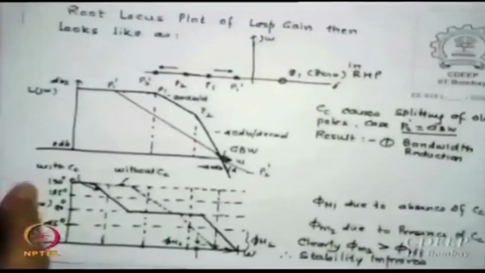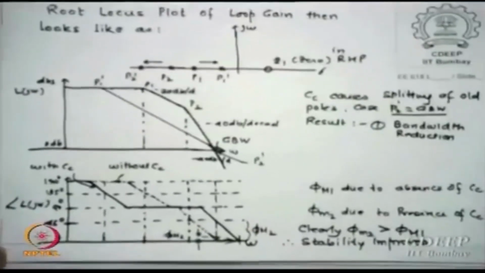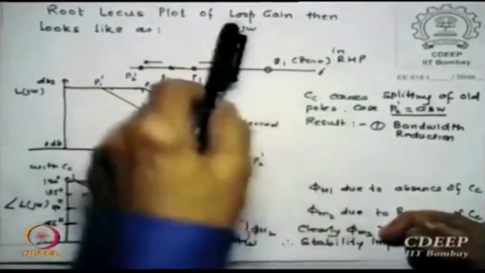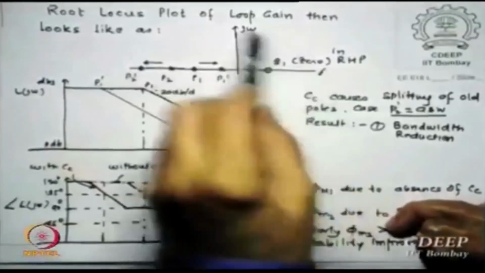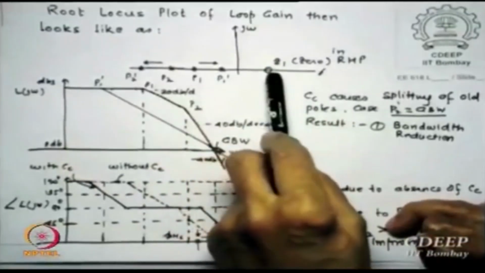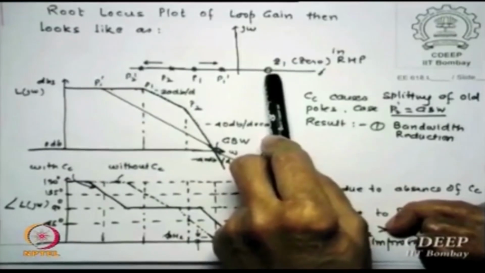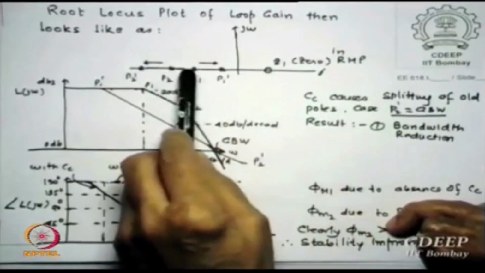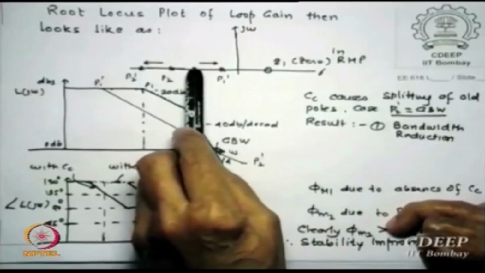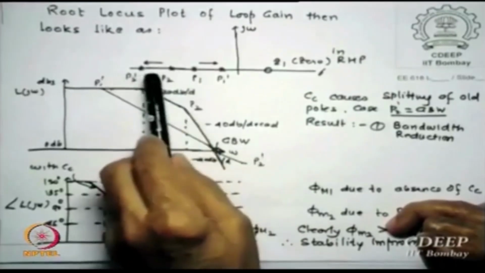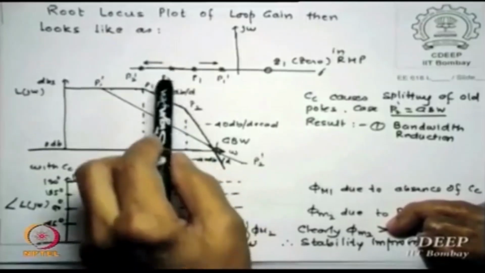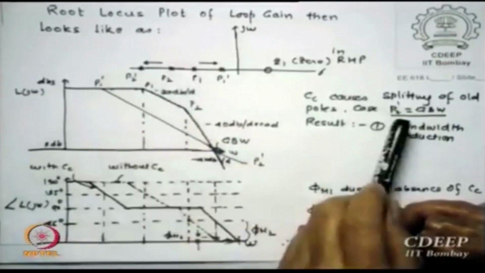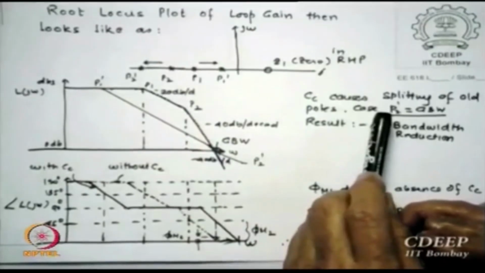So if I show you on the figures, this gives you everything in a nutshell. If I see now the loop gain on this sigma j omega complex graph, my zero is positive, so sitting here, my dominant pole was P1, R1 C1, which was here, and my next pole is R2 C2 which is here. Now these are like this as before Cc is applied.